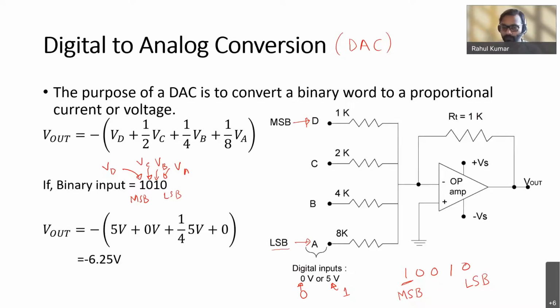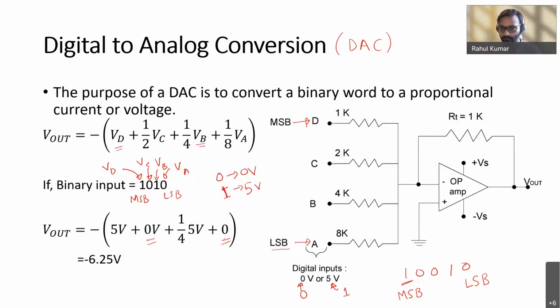Okay, so if you have 0, that means you should have 0 volt, and if you have 1 as a binary number, you should have 5 volts, right? So correspondingly, VA will be 0 volt and VC will be 0 volt, whereas VB and VD will be 5 volt because they are 1, right?